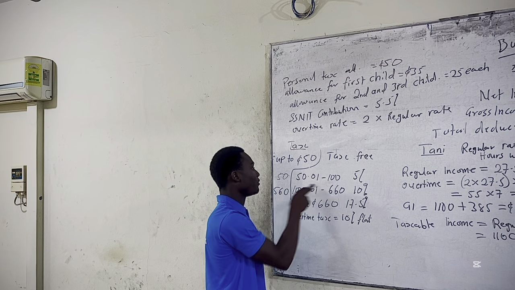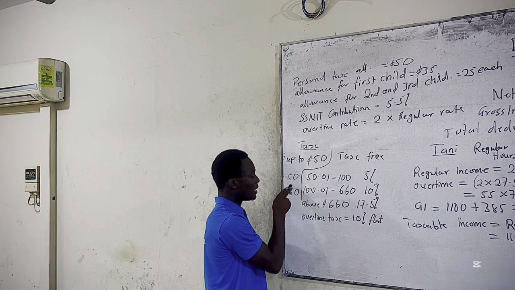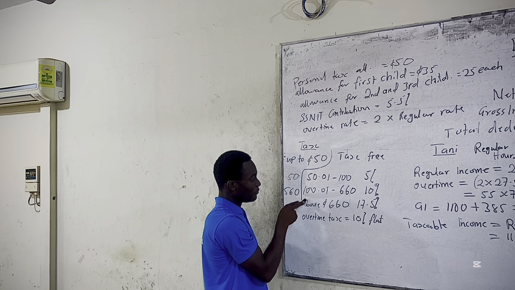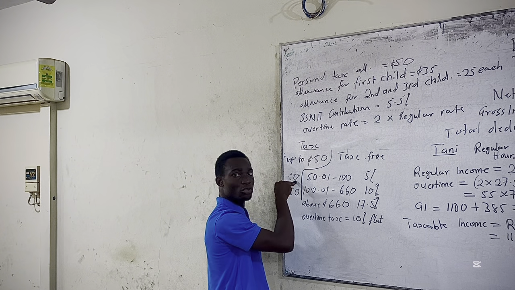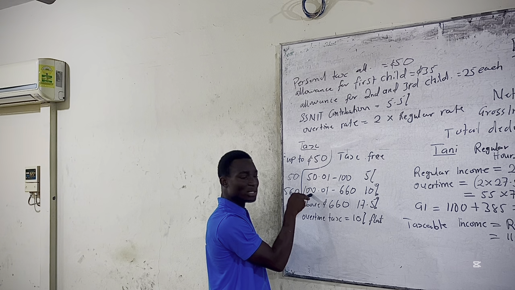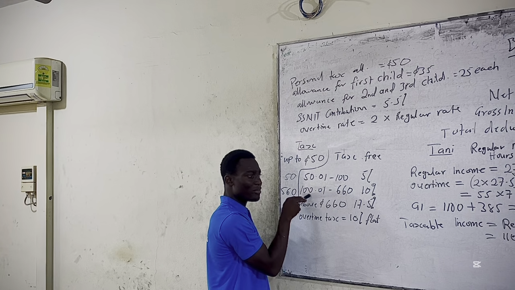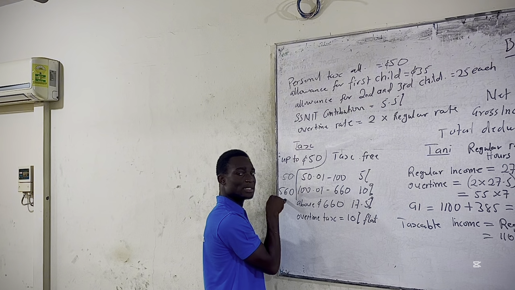By the time you reach 100, you will have 50 cedis. And if you continue from 100.01 to 660, you are going to get 560.